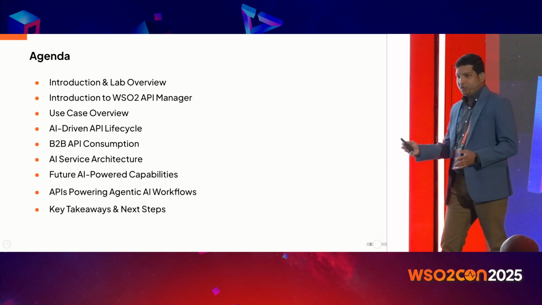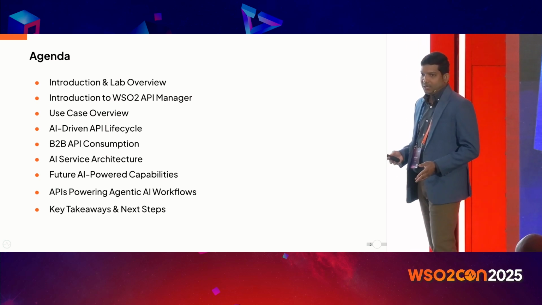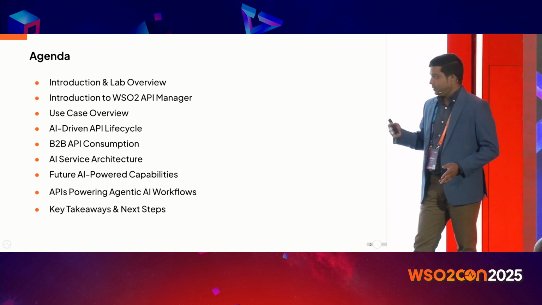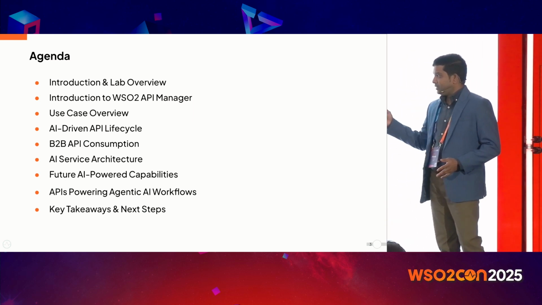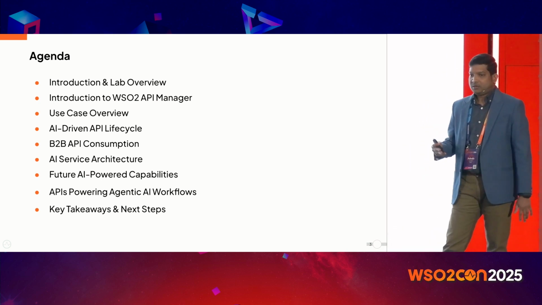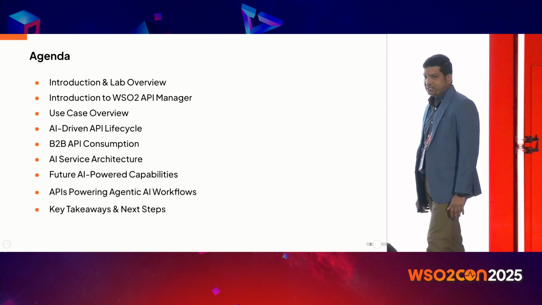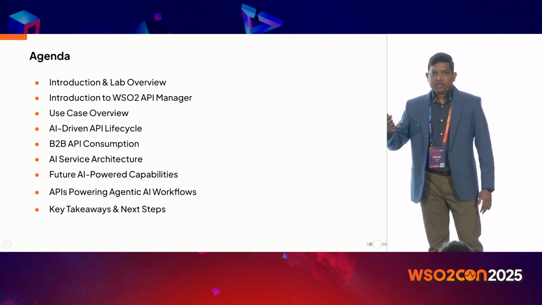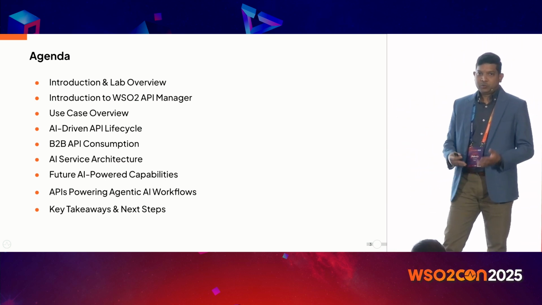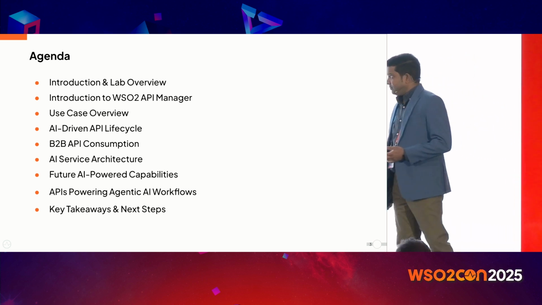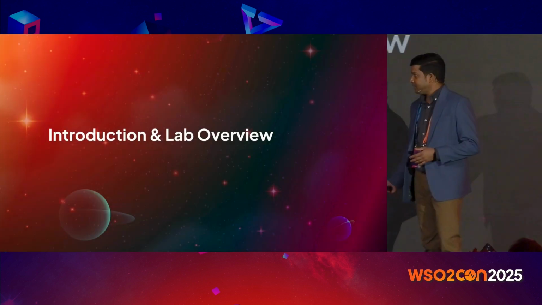And if you look at today, agentic AI is one of the hot topics. So we'll try to cover what our plans are on this aspect as well. And finally, the key takeaways and next steps for you to try the WSO2 API Manager and get started from there. Okay, then let's get started on this.